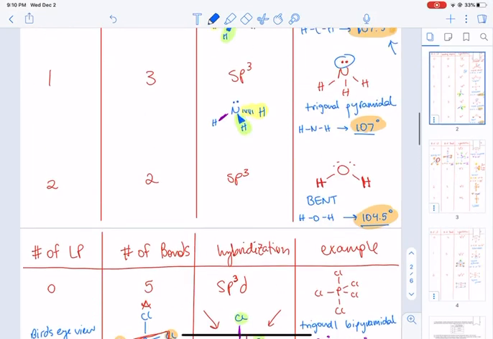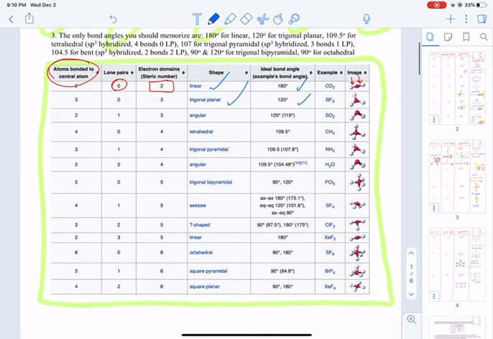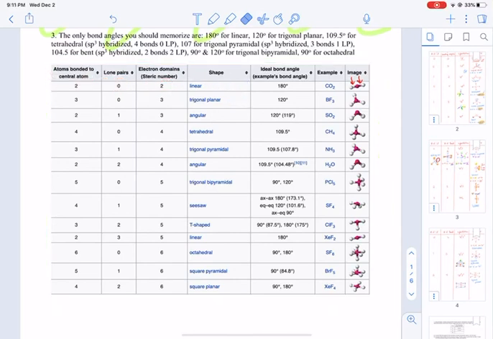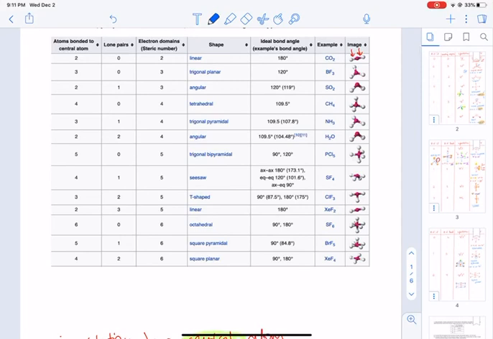So I explained all these things, and hopefully now you can go back and look at this table and start to piece these things together. For example, that last one we talked about, 2 lone pairs, 4 bonds, 6 total regions, which means that it's sp3d2. 1 plus 3 plus 2 is 6.